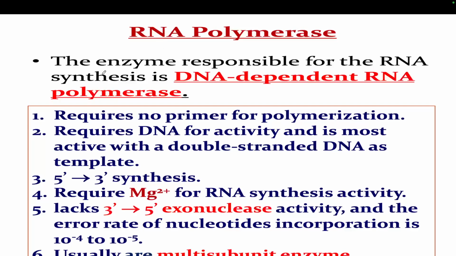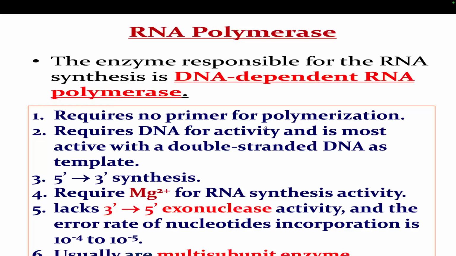The enzyme responsible for transcription is RNA polymerase, which is a DNA-dependent RNA polymerase, because here the RNA is produced from DNA as a template. It doesn't require any primer for polymerization.